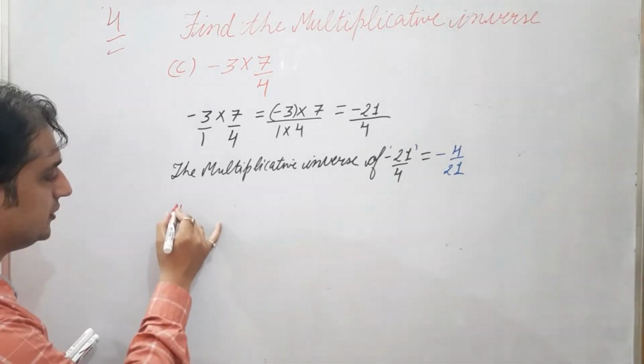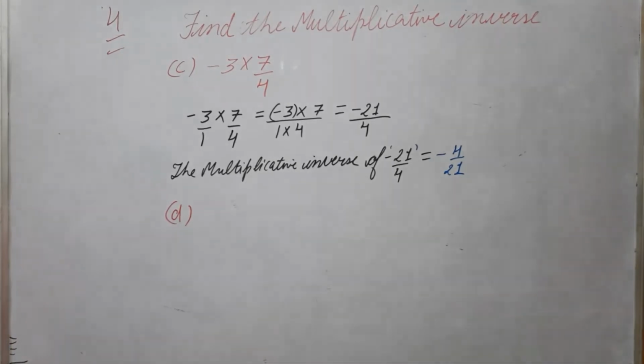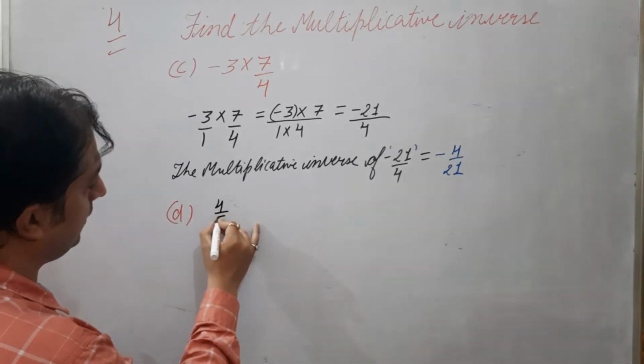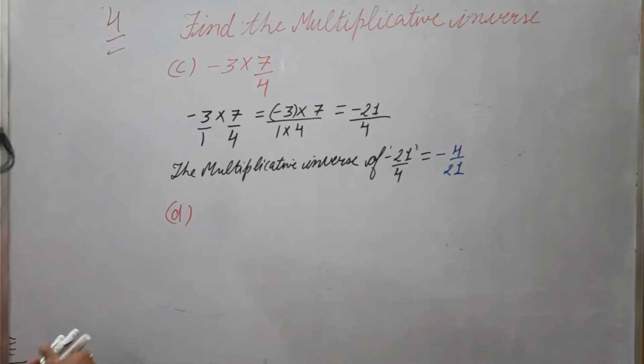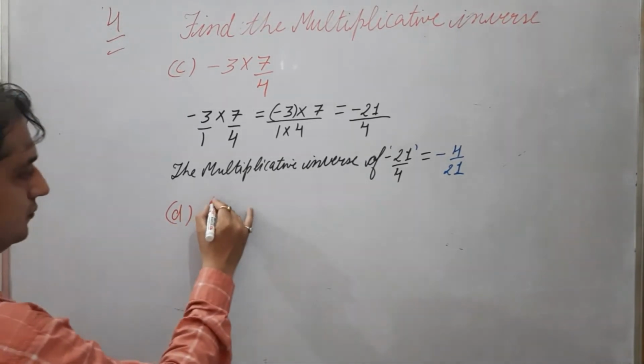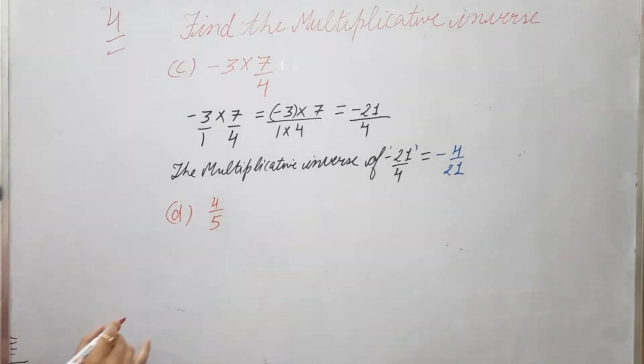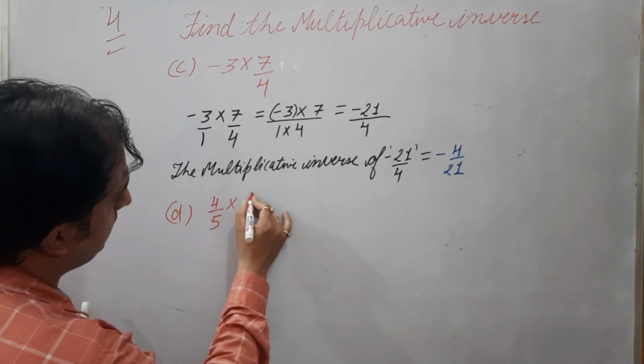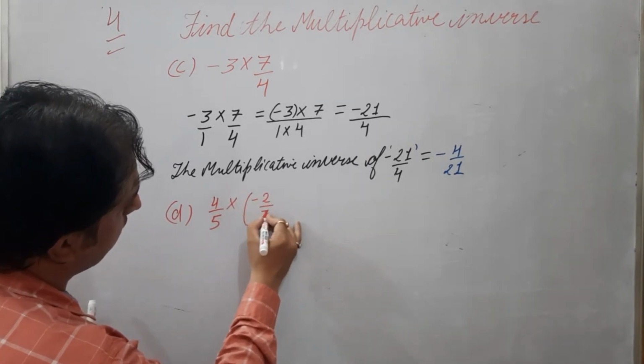of this, because this property is very important. 4 upon 5 multiply minus 2 upon 3.